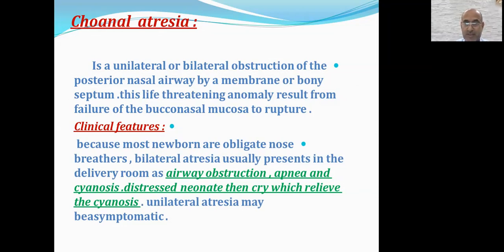Of course, the newborn is in severe distress. This distress and cyanosis is relieved by cry. Why? Because during cry, the newborn starts to breathe through the mouth. But after quietness, the distress and cyanosis return again, and improve again by cry.